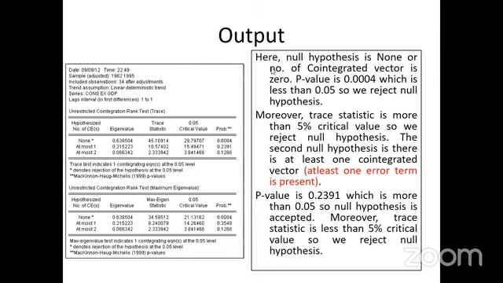Right. Same thing you can interpret from the unrestricted co-integration rank test. From here also you will get the same thing. Both the tests work in close proximity, and the results will be more or less similar. This one is based on the trace test statistic and this is based on maximum eigenvalue. See here also you get the number of co-integrating equations as 1. How many variables are there? 3.